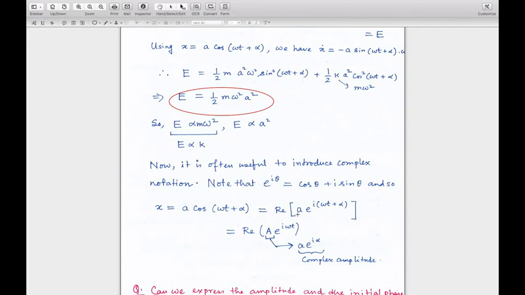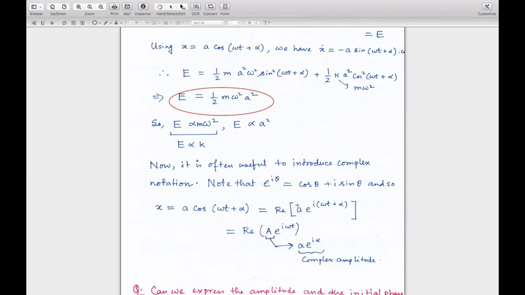This small a is a real quantity, because this x is real.